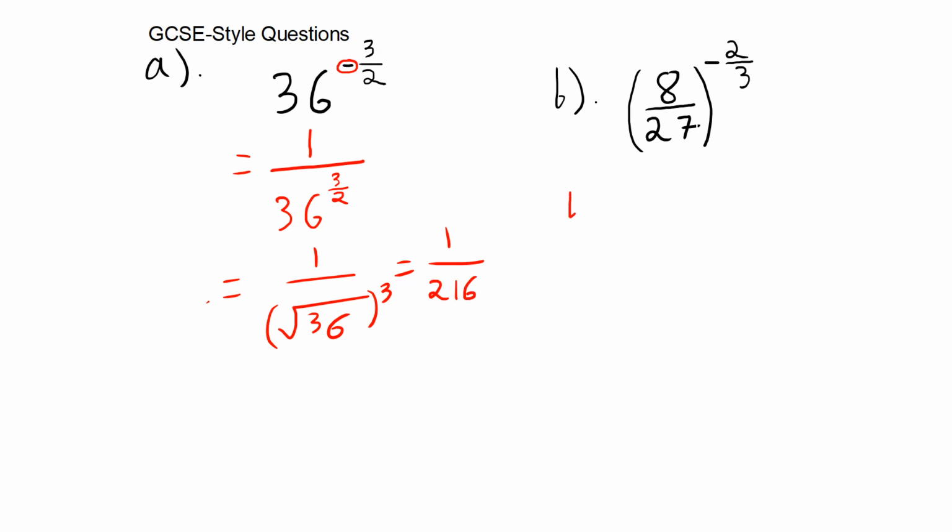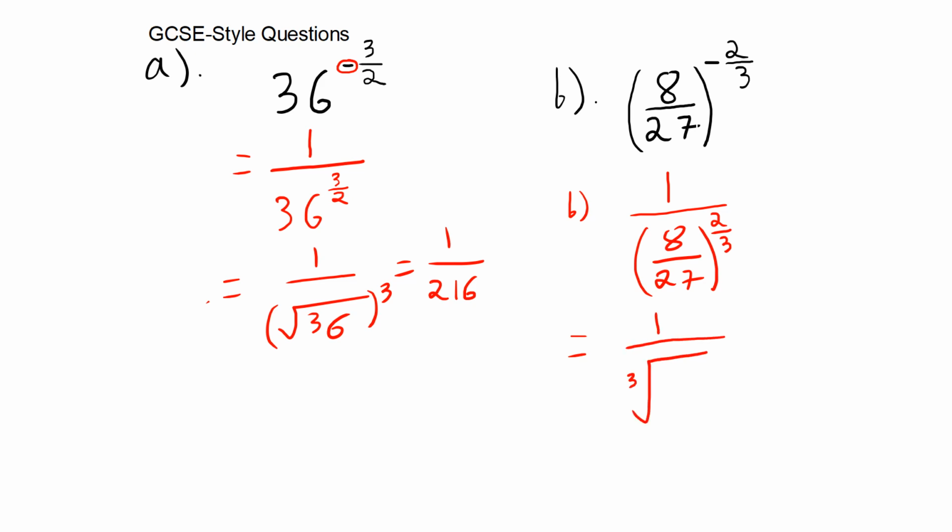For B, we have 1 over 8 over 27, or 8/27ths, all to the power of 2/3, which means that we need to do 1 over the cube root of 8 over 27, all to the power of 2.